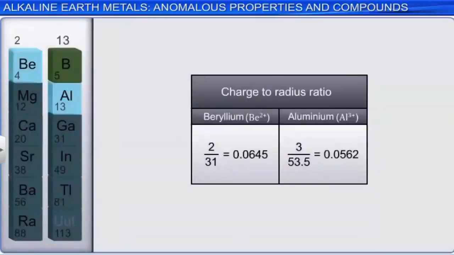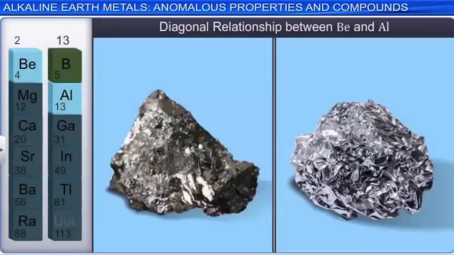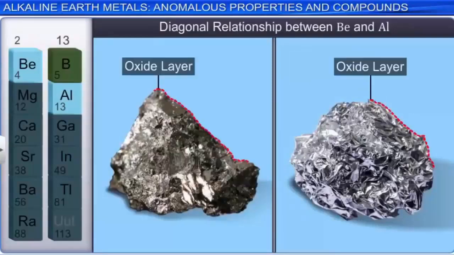Neither beryllium nor aluminium reacts readily with acids due to the oxide film that both the metals exhibit on their surface. The hydroxides of both the metals dissolve in solutions of excess hydroxide to form complex ions.